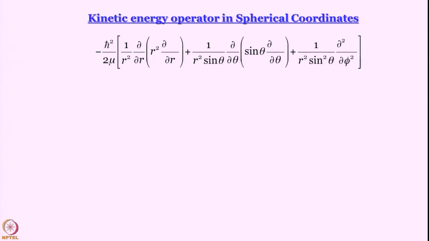Those 13 slides tell us how to go from del 2 del x2 plus del 2 del y2 plus del 2 del z2 to this big scary expression that we have. What we have written here is the kinetic energy operator in spherical coordinates. You have to believe me on this, or you have to actually do the transformation yourself. If you want to do it, suit yourself, I am not about to do it here.